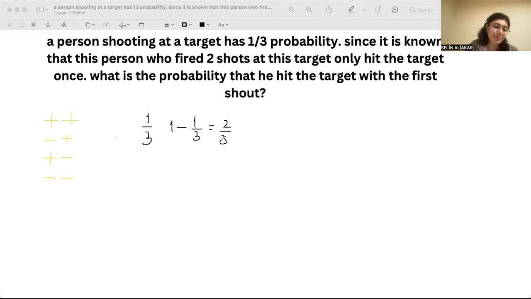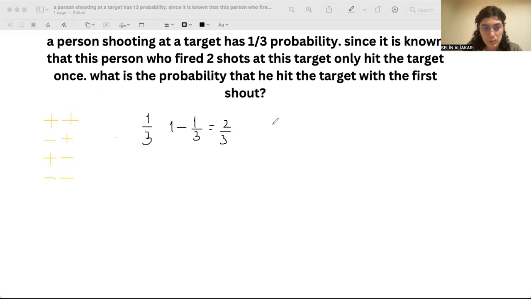And the expected event is that the person hits the target with the first shot in the question, and since he fired 2 shots, then he must hit the target with the first shot and miss the second shot.